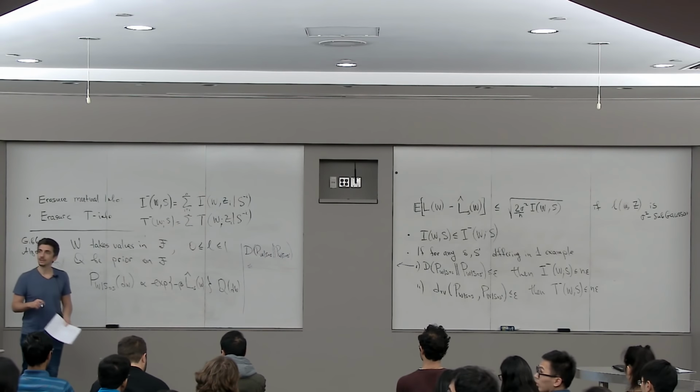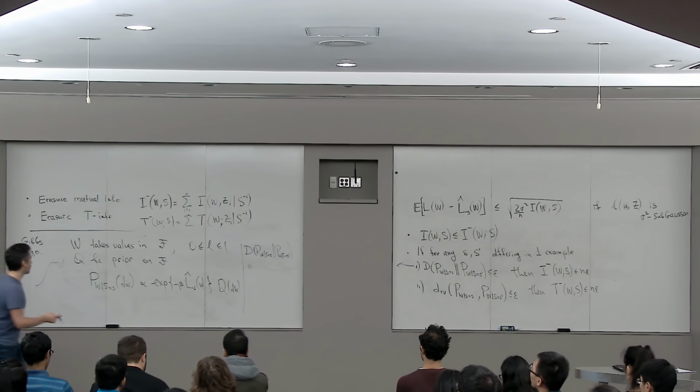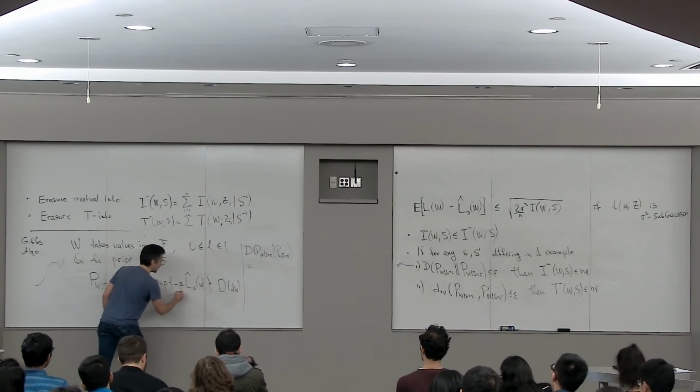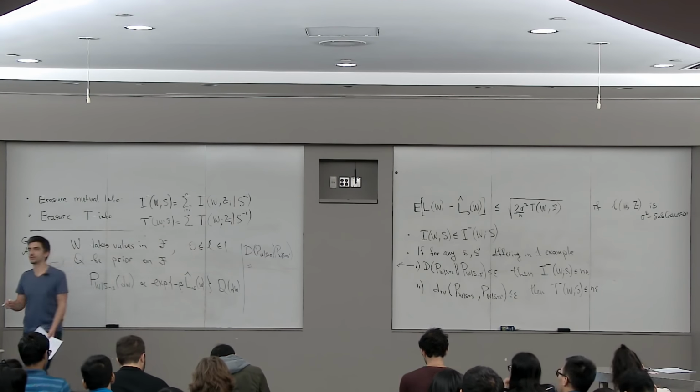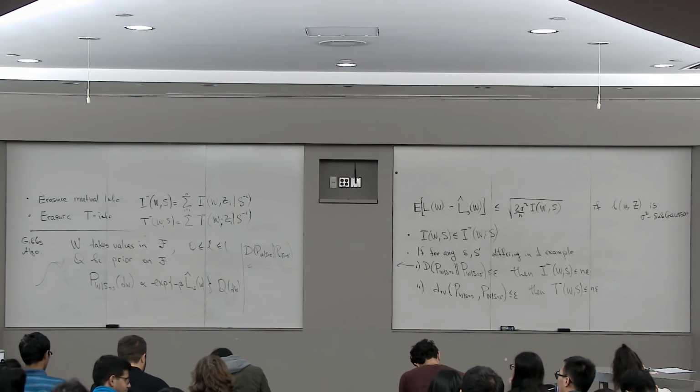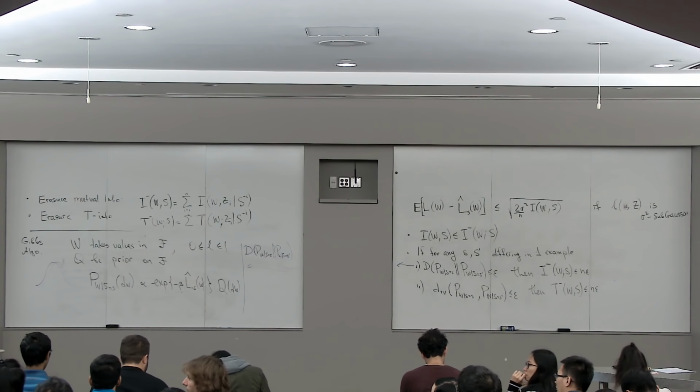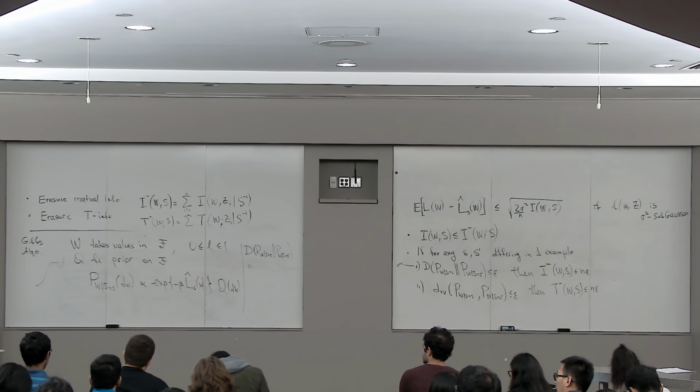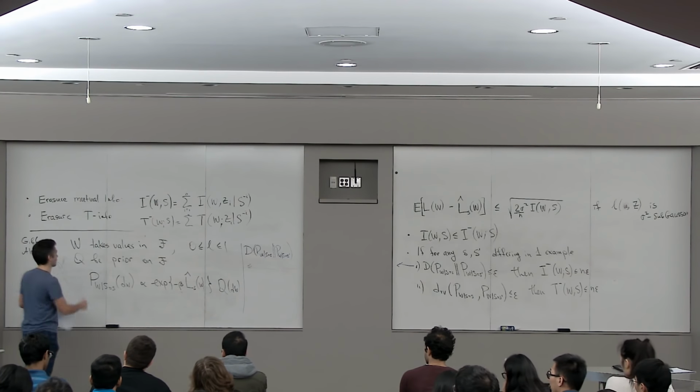Yes. What is beta? Oh, beta is temperature. Sorry. So beta is just some temperature parameter. It's a number, the parameter of your Gibbs algorithm. Yeah, I'm defining an algorithm.